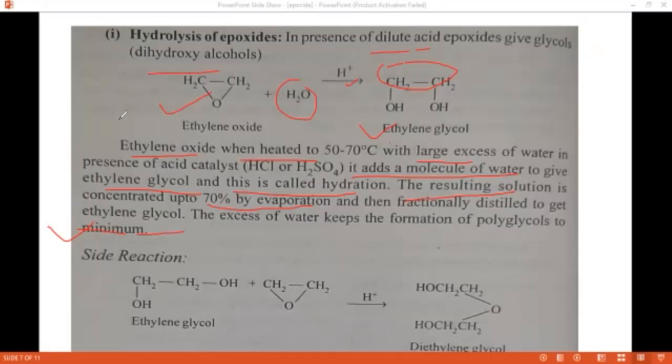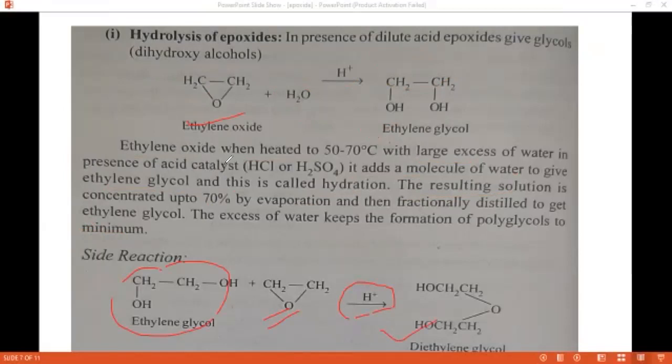Suppose in the first step you prepare the ethylene glycol. Now this ethylene glycol can again react with the epoxide, ethylene oxide, in the presence of the acid. Then again there is the formation of diethylene glycol.